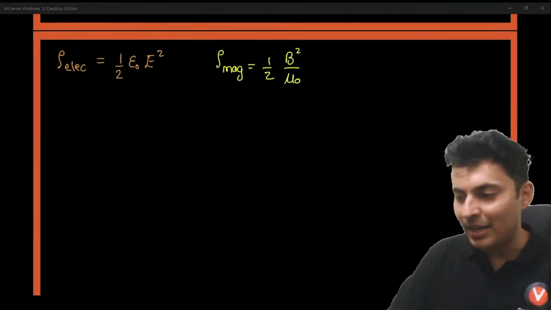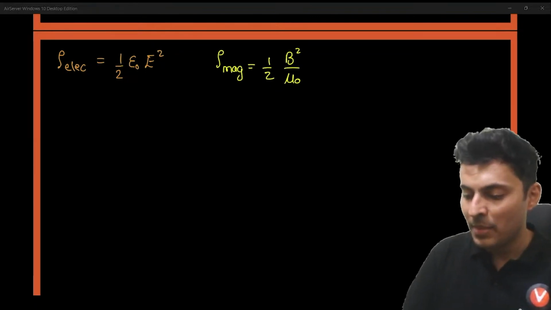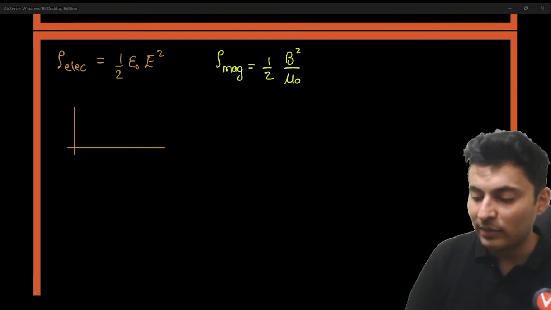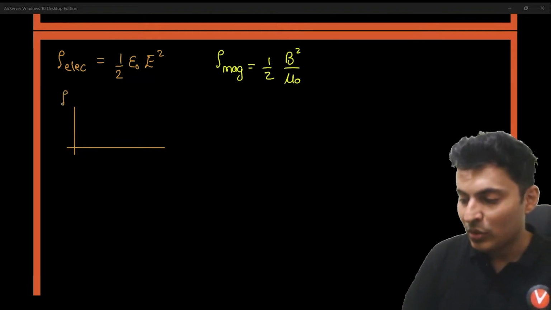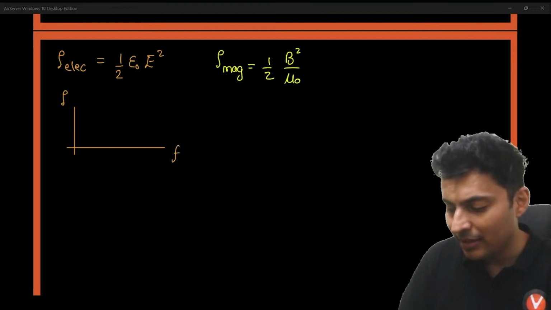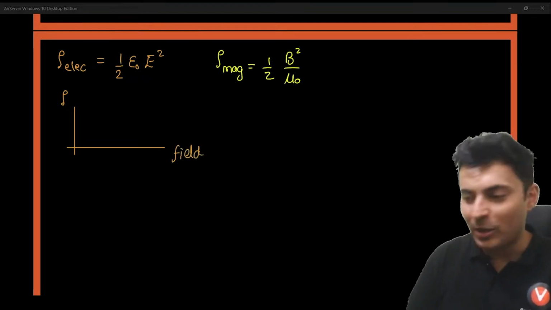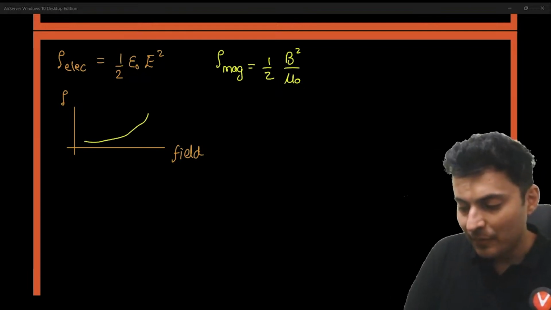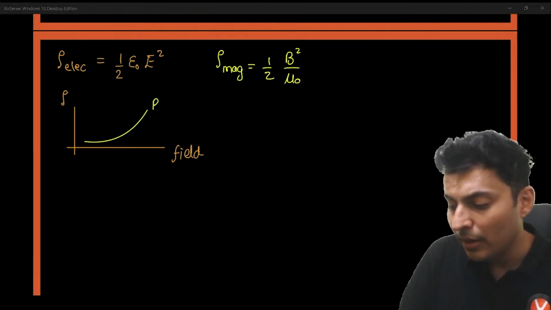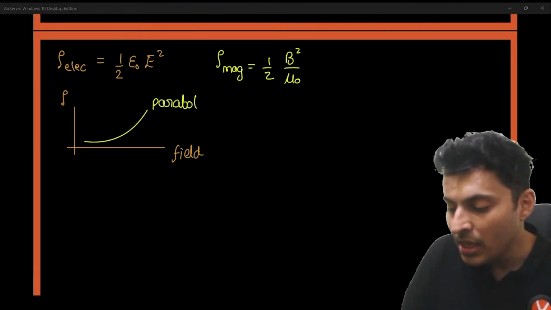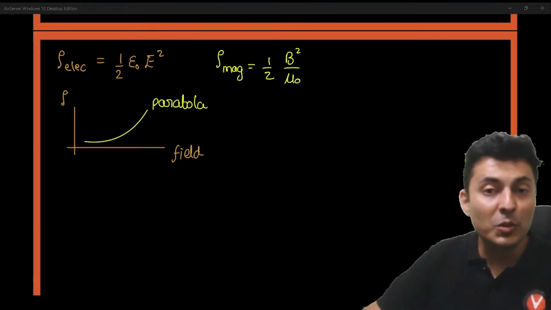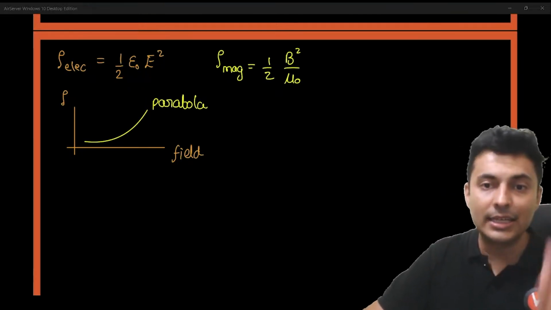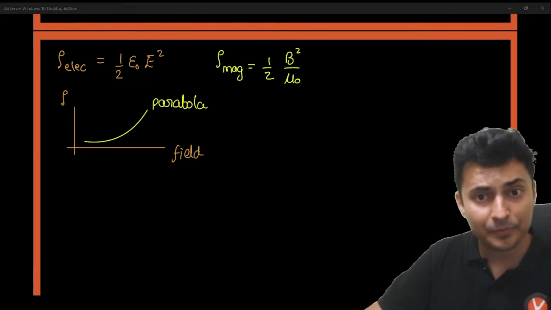In fact, in both the graphs, you will notice one common thing, that the square of the field is there. So, no matter which graph you take, for electric field or magnetic field, you will see that the graph will be a curved line and it will be a parabola, with regards to energy density. Keep these things in mind.